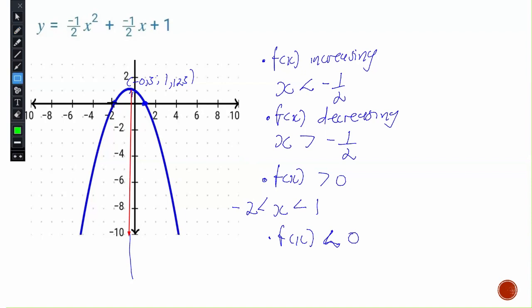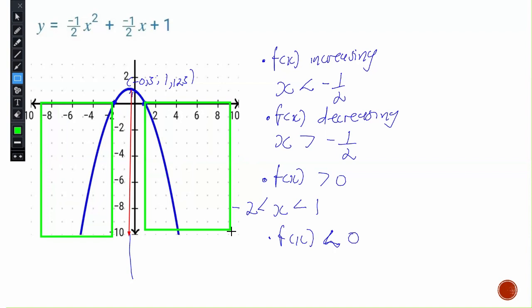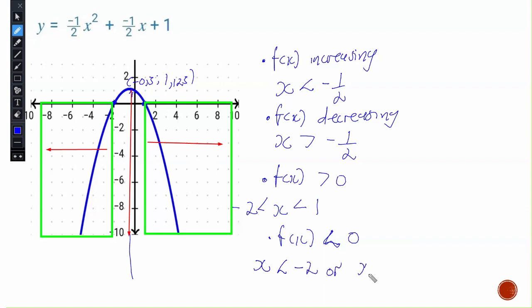It's below the x-axis from here going that direction, and from here going that direction. So we will say when x is less than -2, or when x is greater than +1, right? Remember, the previous one can also be written as x element of (-2; 1).